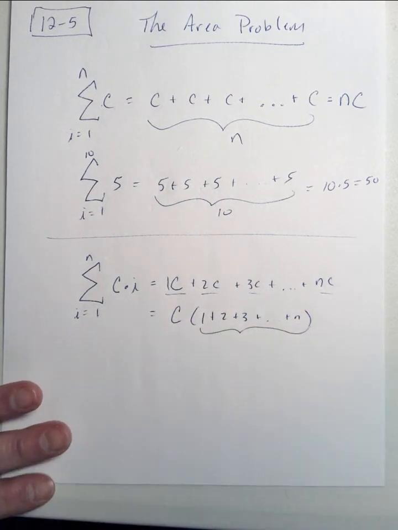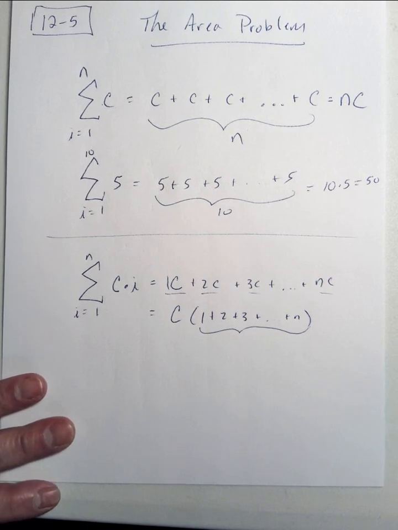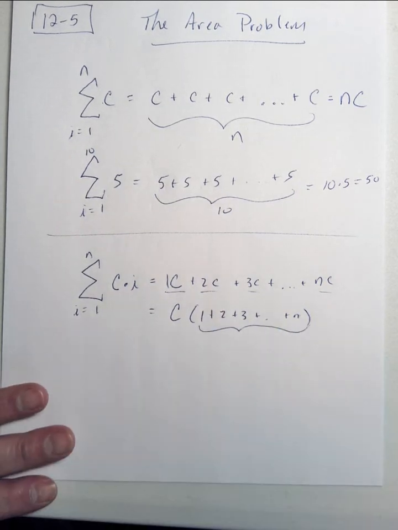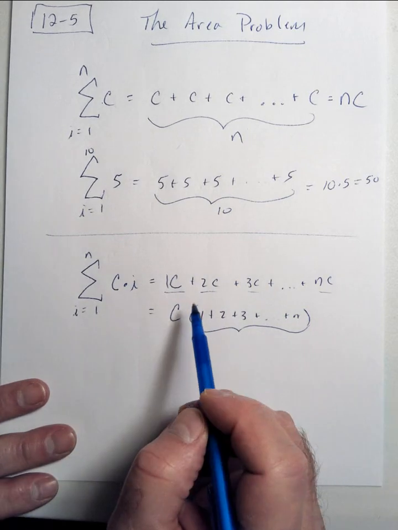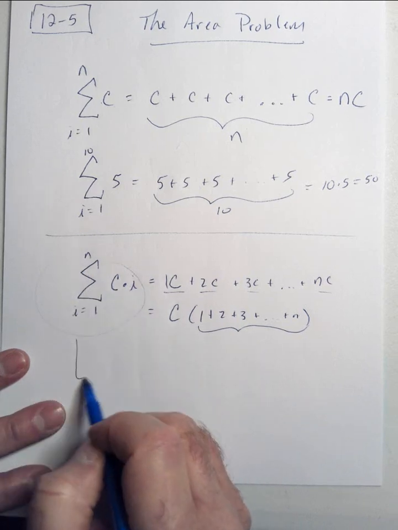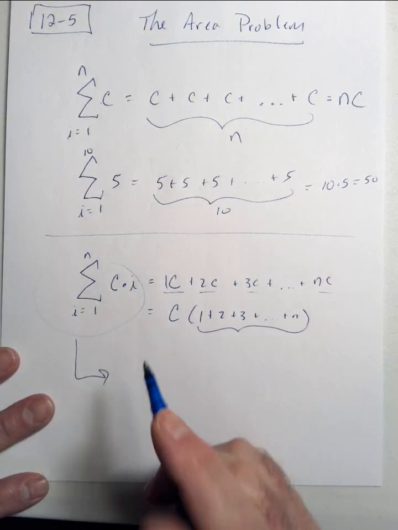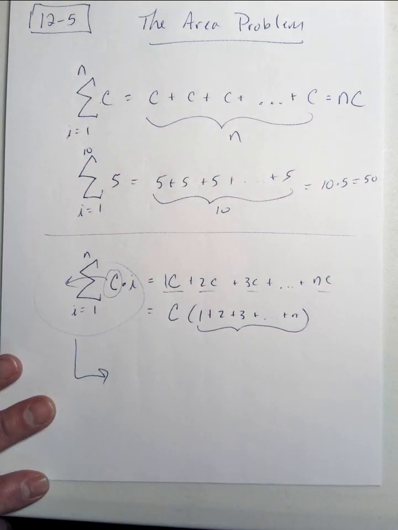This then just becomes the sum of the integers from 1 to n, which, if we remember, is nothing more than an arithmetic series. So we have n plus 1 times n over 2 for that formula. Those are the summation formulas that we have. In this section, what you always want to do is take any constant and pull it outside of the summation.